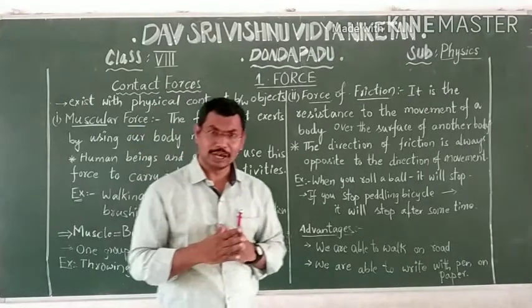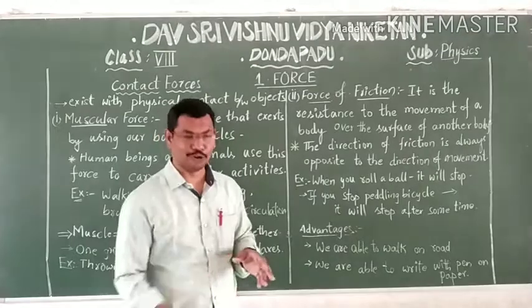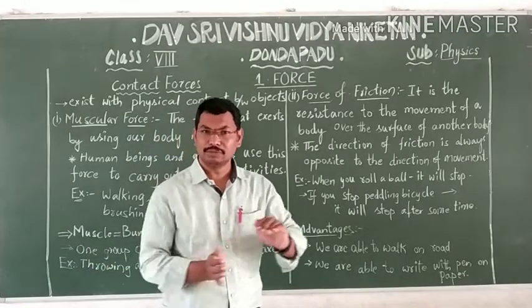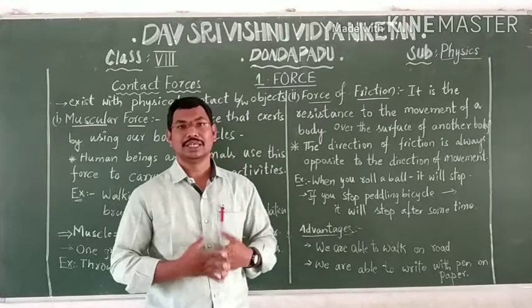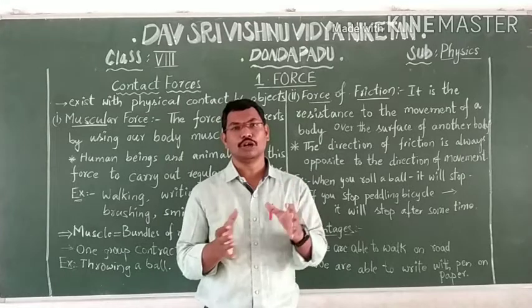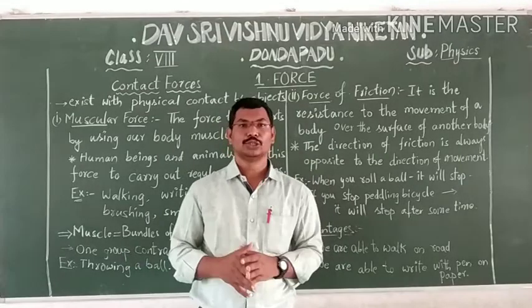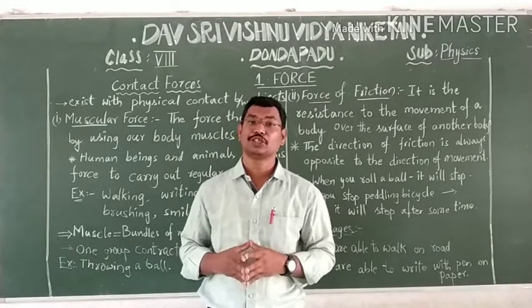For a simple example, let us throw a ball over the floor. What happens? After moving some distance, it will come to rest. Why? Because there is another force acting on the ball which stops its movement. That invisible resistance force is called frictional force.